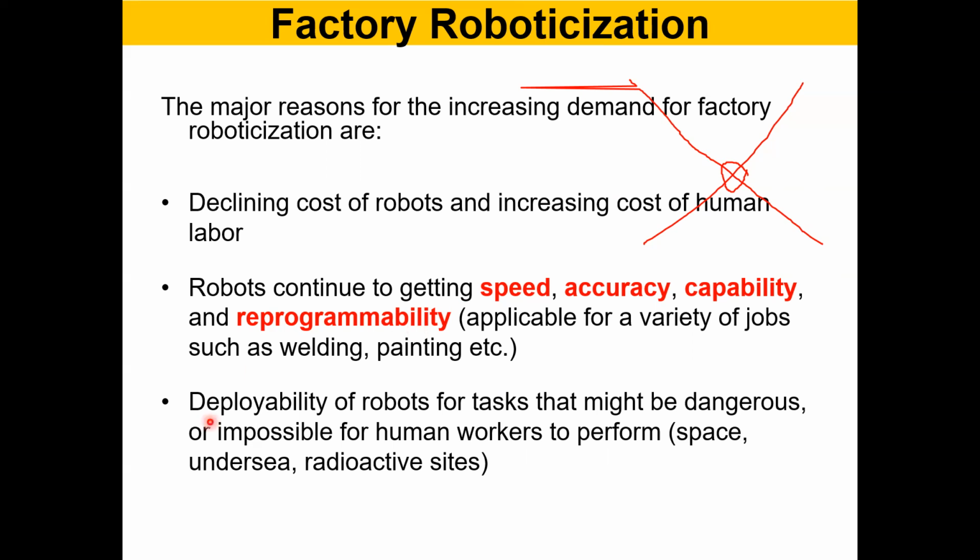And number three, some tasks which are inherently hazardous for people. If you deploy people, it would be very costly. Now, these days we have the COVID thing. We don't see many people with the complete kit nowadays, right? But if you remember, about a year ago, it was a hazardous duty out there, right?